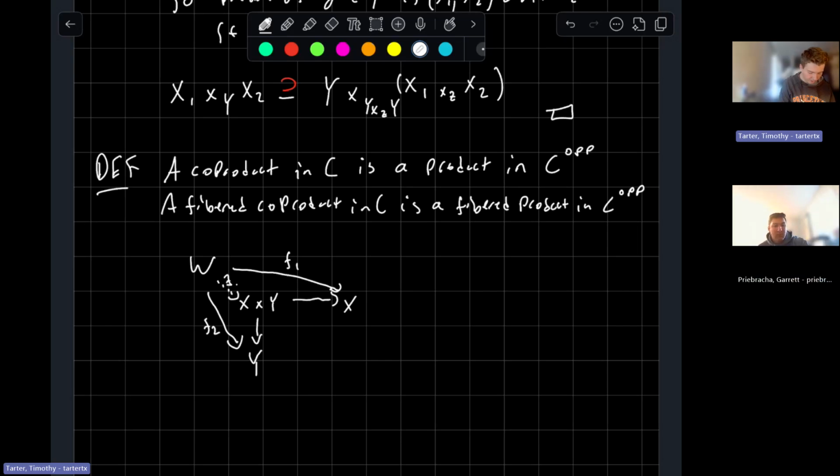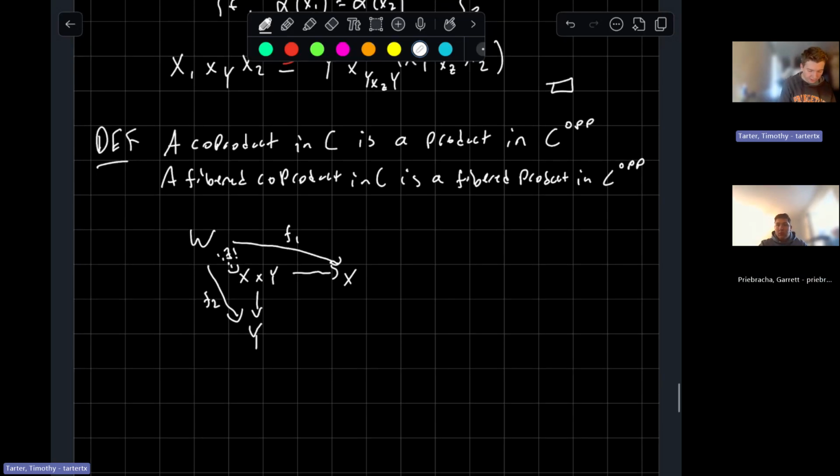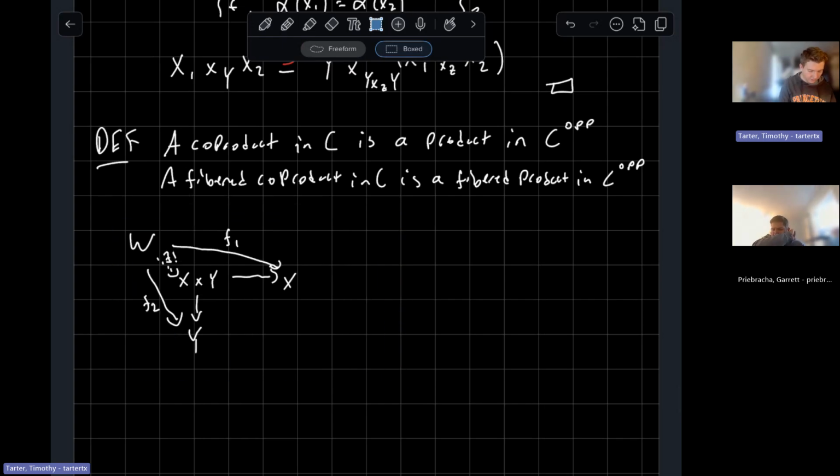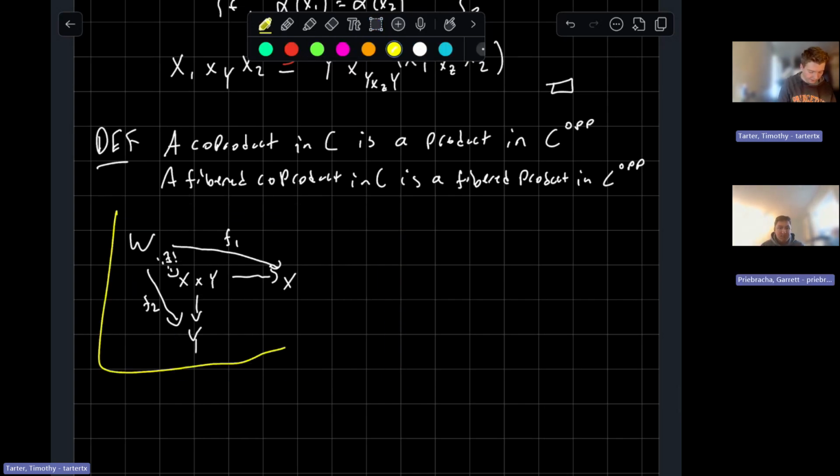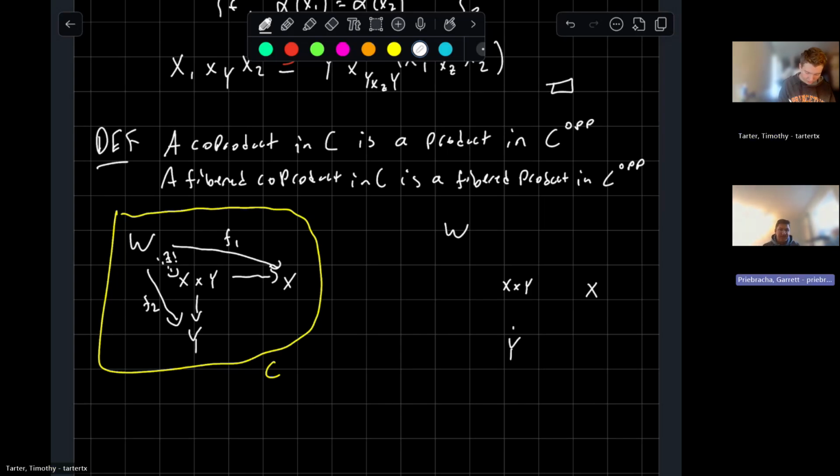And we got unique factorization there. So if this is in C, then in C op it's going to look the same, except the arrows are going to be switched. Okay, that makes sense. Thank you.